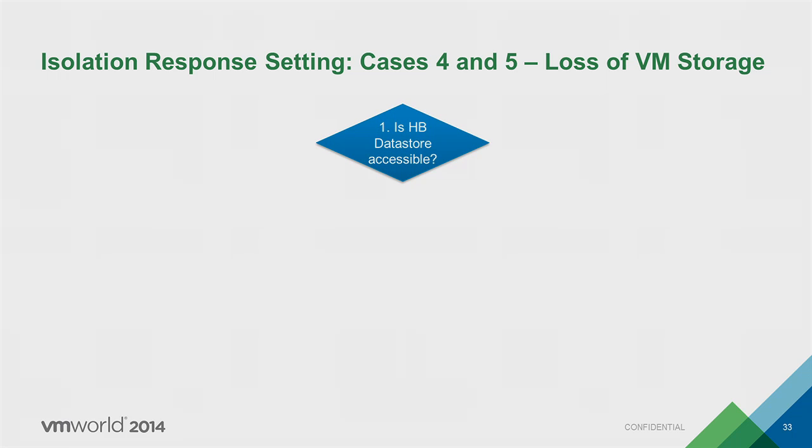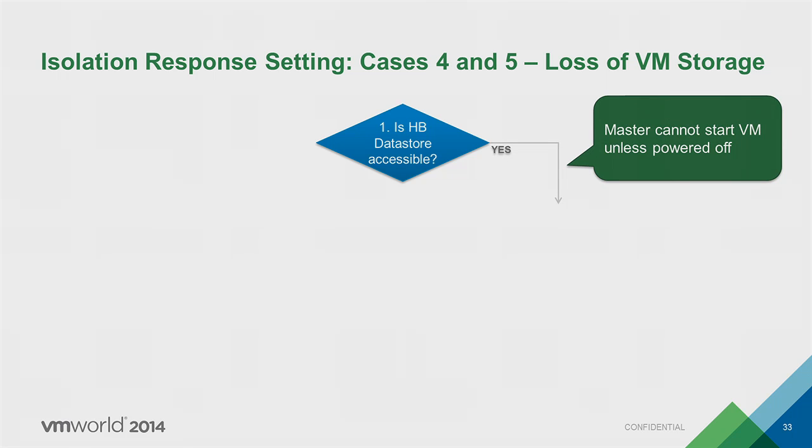Okay, so let's say in case of a network isolation scenario, and the VMs have no storage, are heartbeat data stores available and are they accessible? Well, if the answer is yes, then the master will know that the VMs are powered on elsewhere, so it's not going to pronounce that host as dead, and it's not going to restart the VMs.